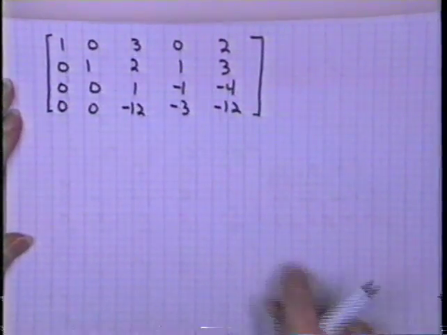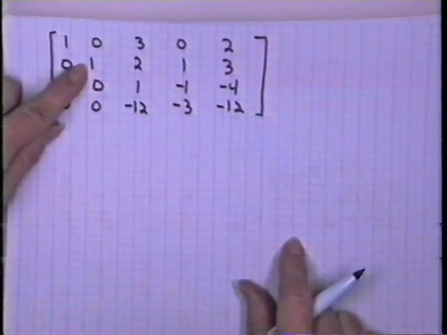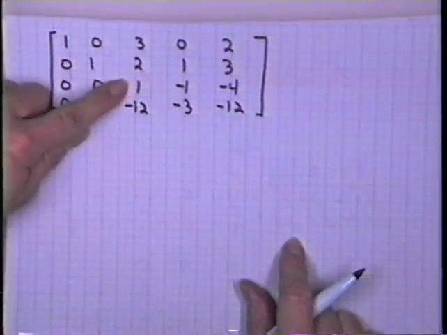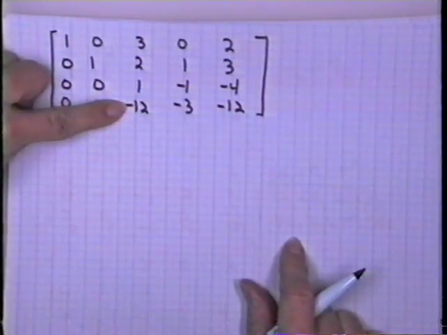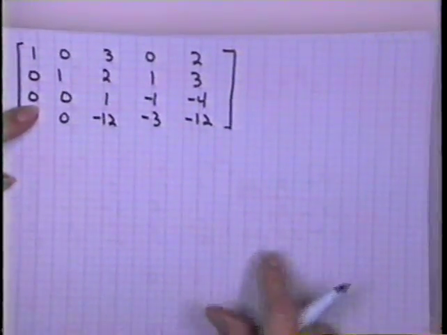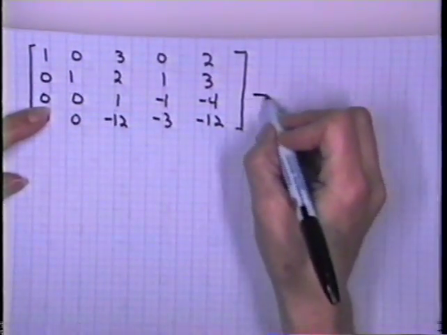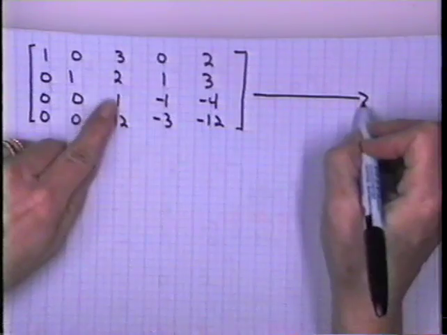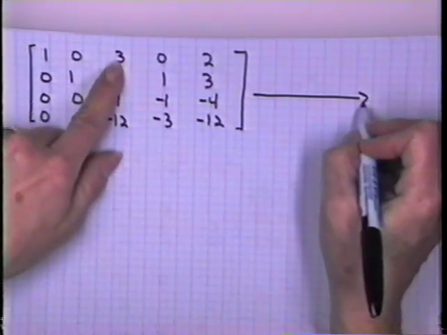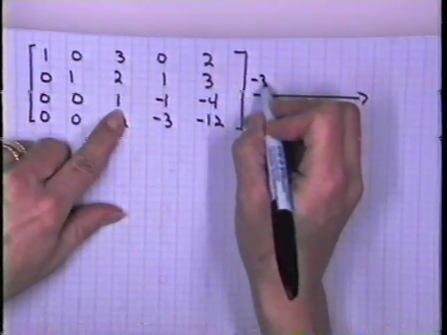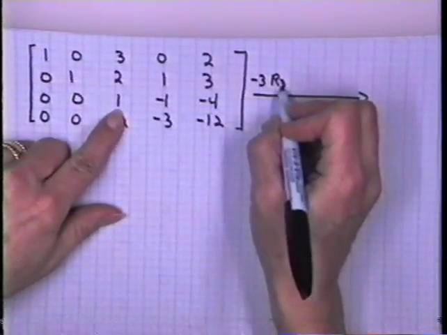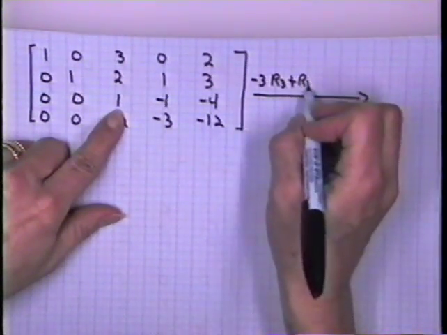Okay, so I've got 1 and zeros, 1, zeros above and below, diagonal down. I've got my 1. Now I'm going to use this 1 to get my zeros up here and down here. So we're not going to be changing row 3, but we're going to be using row 3. Let's look at row 3 and look up here at row 1. I need to multiply by what? Negative 3? So negative 3 times row 3 is going to be added to row 1.